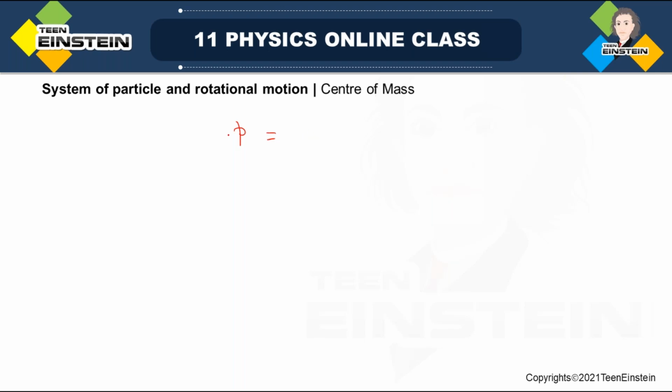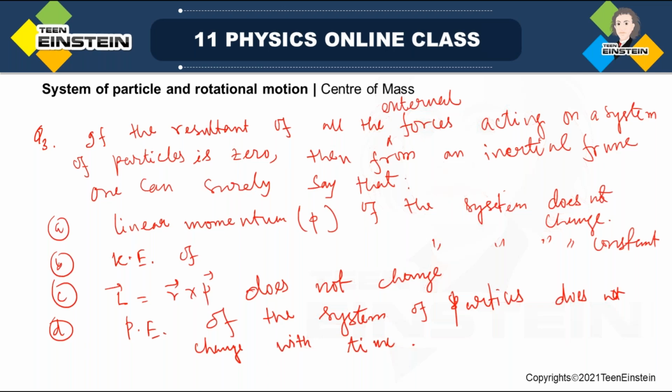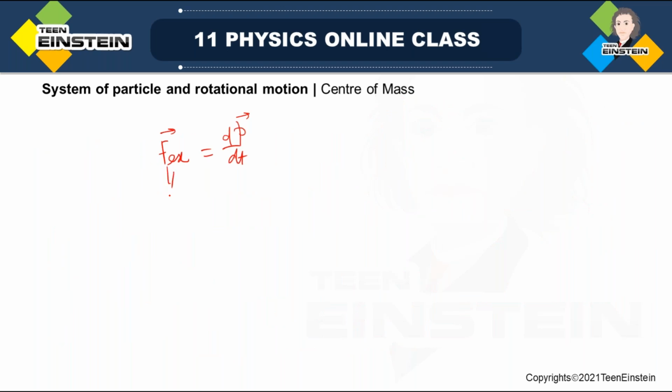Linear momentum actually is related to force. The external force is exactly equal to dP/dt. So if this force is zero, external force, then this must be zero.